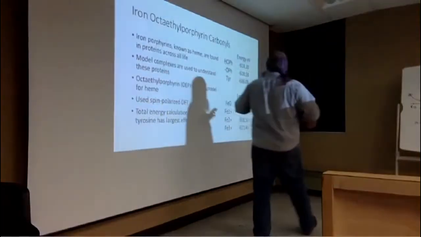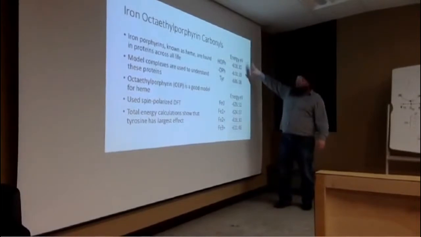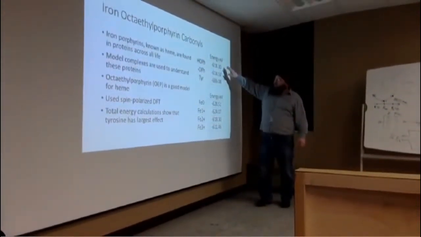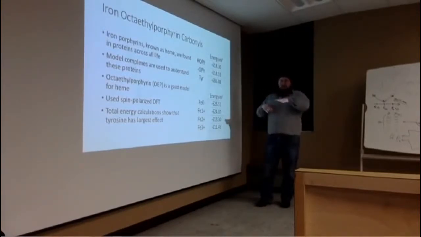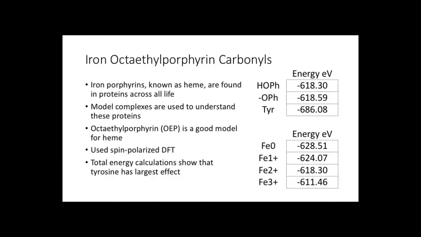So over here, we can see the energy in eV as calculated by DFT, where the phenol is ligated to the iron porphyrin with the carbonyl on the opposite side. Carbonyl is just there to make sure that it's A, low spin, because it's a very strong field ligand, and B, a sixth ligand there so that the iron is in an octahedral electronic geometry.